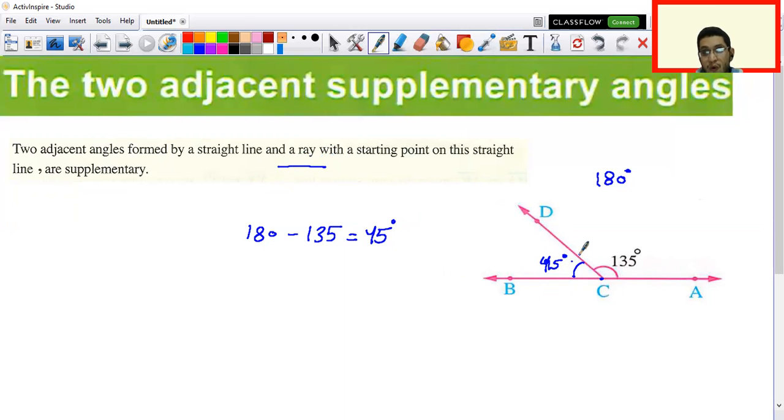The two angles formed by this straight line AB and this ray CD, starting with a point on this straight line, are supplementary angles. Okay, supplementary means their sum equals 180 degrees.